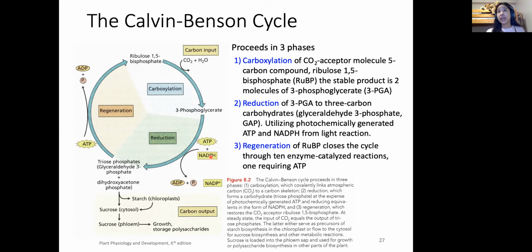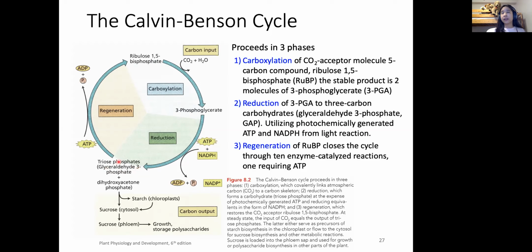By using ATP and NADPH, the products of the light reaction. And by that, you will get the same amount of carbon in the molecules, but this carbon has higher energy. This molecule is called glyceraldehyde 3-phosphate. It's a triose, which means a sugar with 3 carbons. Attached to it is a phosphate that came from ATP.